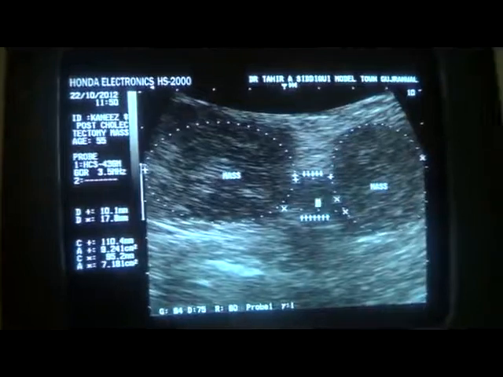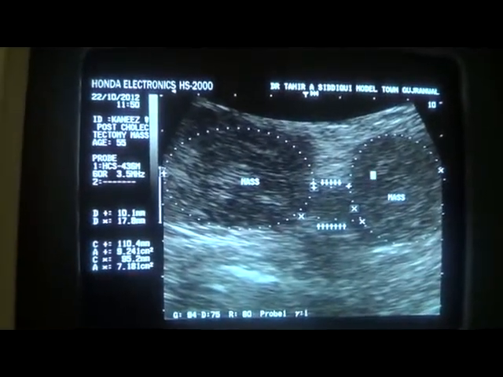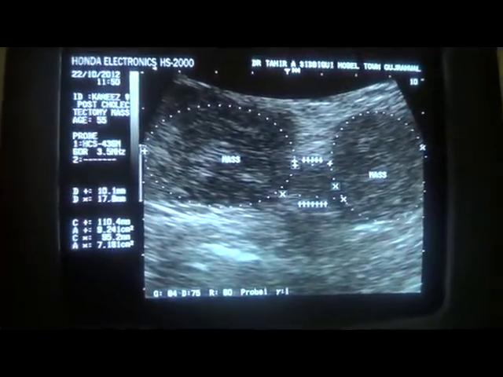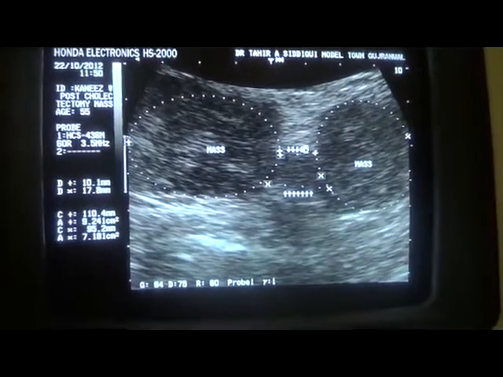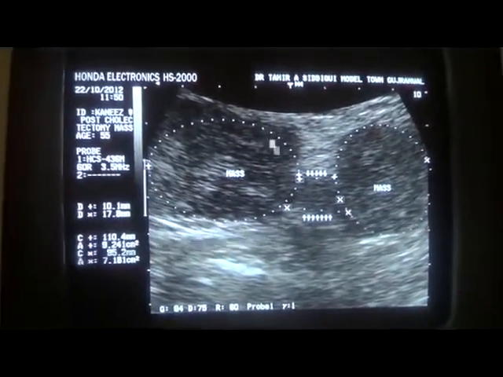Here is the communication between these two mixed echo, relatively solid masses which are in the subcutaneous tissue.